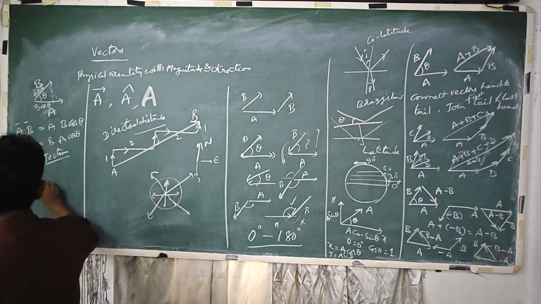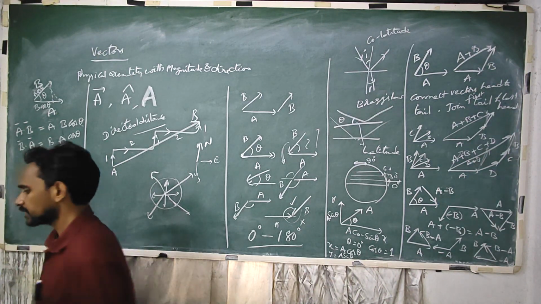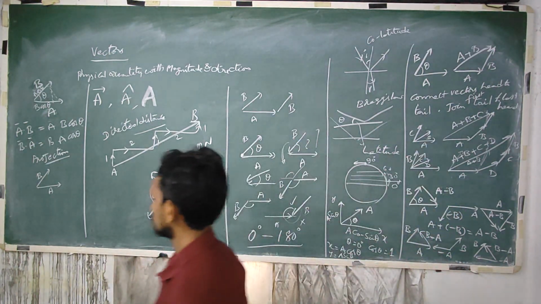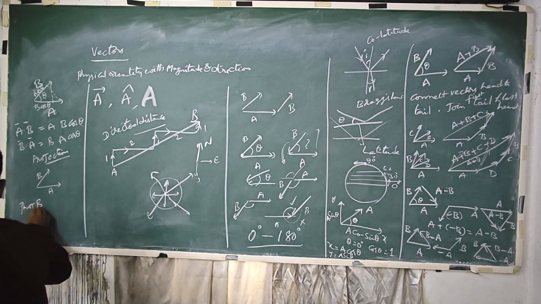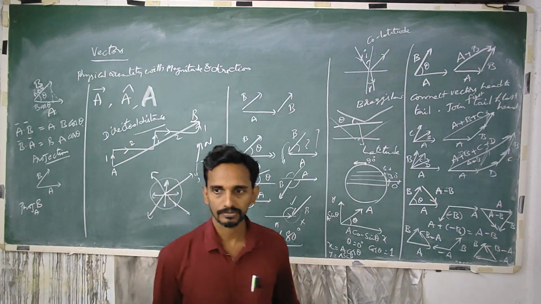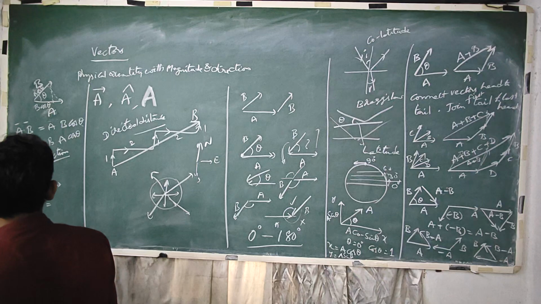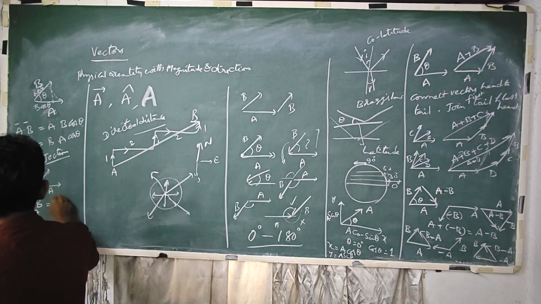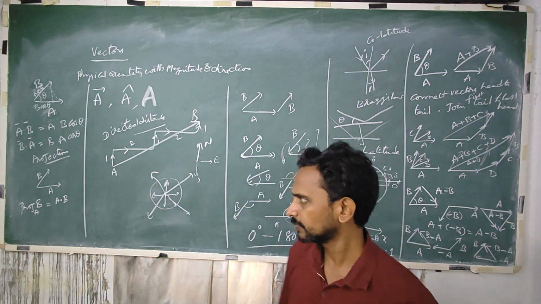Projection of a vector. Let's say you are talking about two vectors, and you want the projection of B along A. That is given by A dot B. A dot B means what?